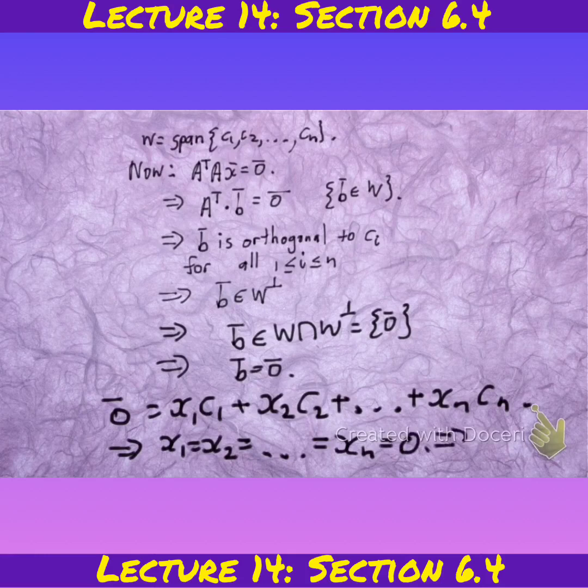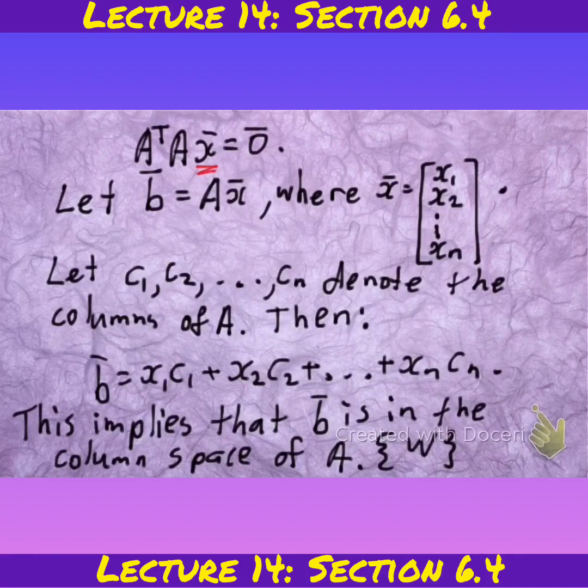And that's going to imply that x is 0. Back to your original system, that needs to be the 0 vector. And so by the equivalence theorem, that matrix is going to be invertible.